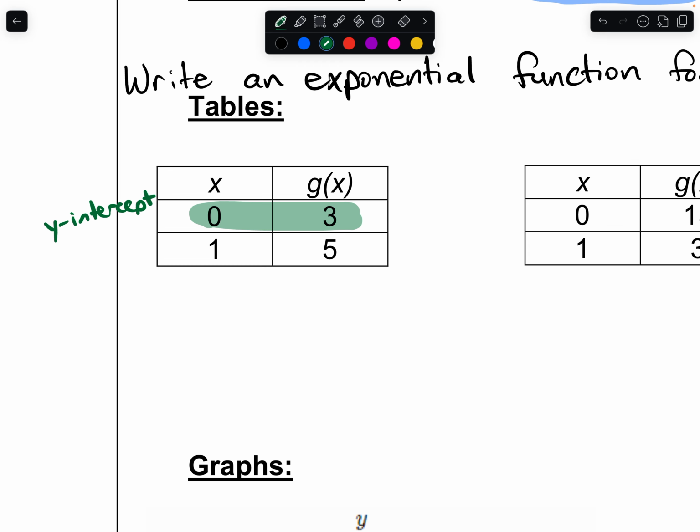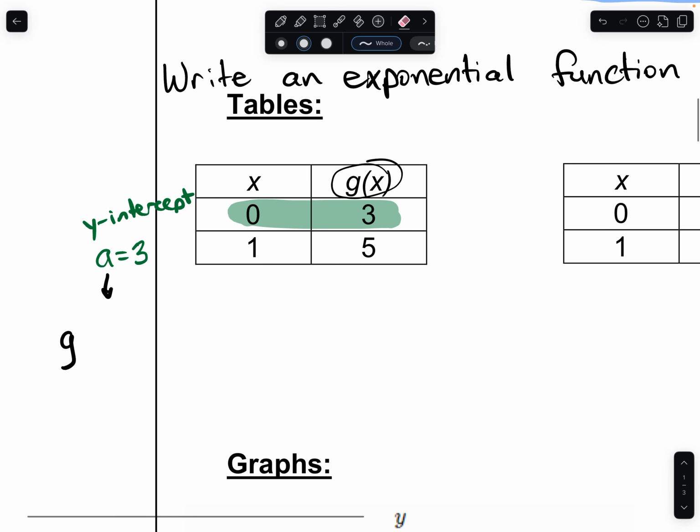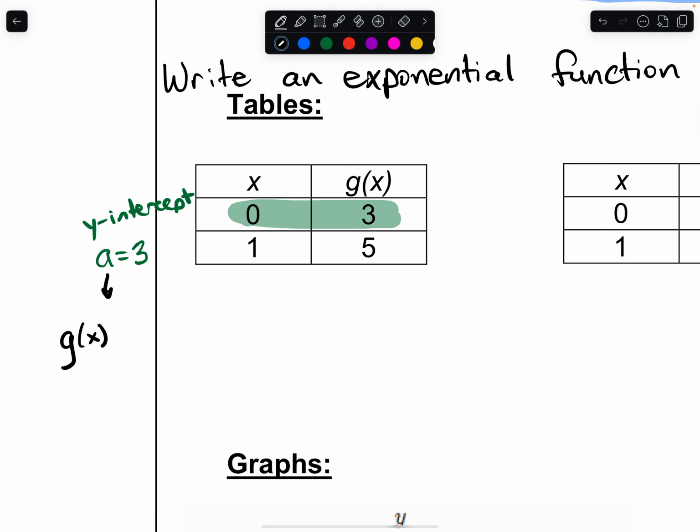Since we're given the y-intercept, we're given the a value already. So that means our function, see how it's called g of x, so I'm going to use g. Doesn't really matter.